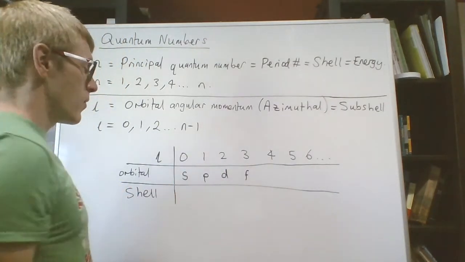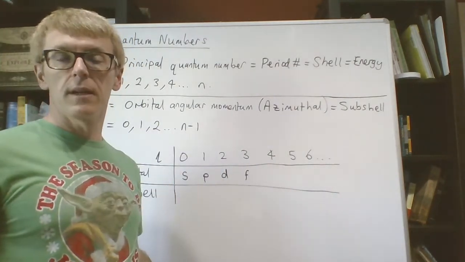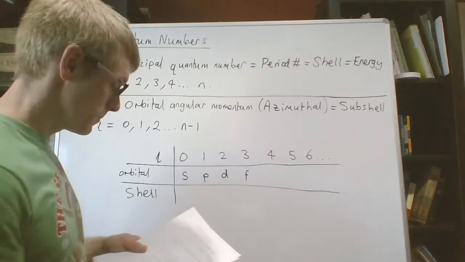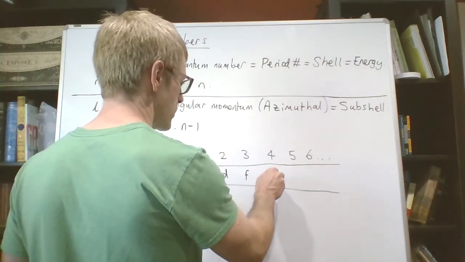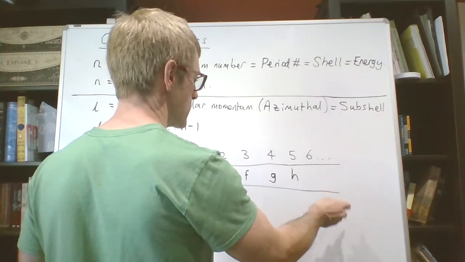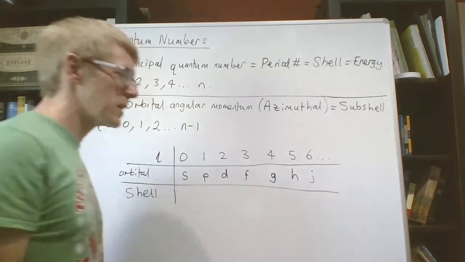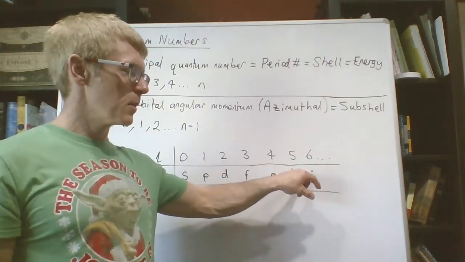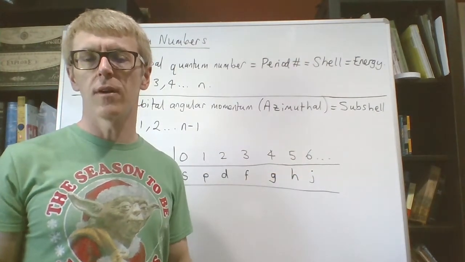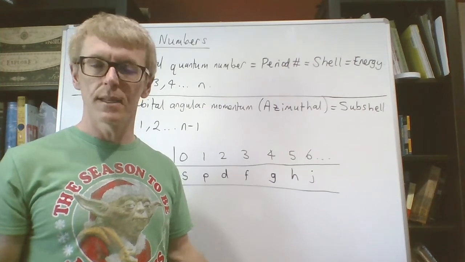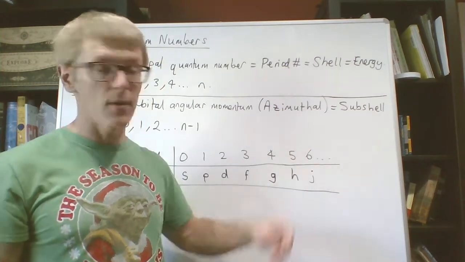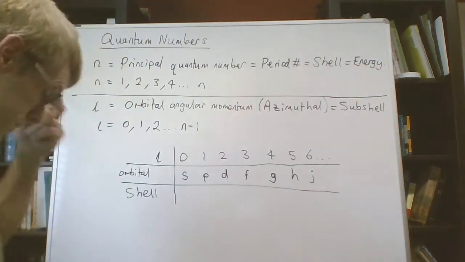Following the F orbital, they just become lettered alphabetically. So we would theoretically have G, H, etc. And typically we miss I because I is used as an imaginary number, and for that reason we tend to avoid I.